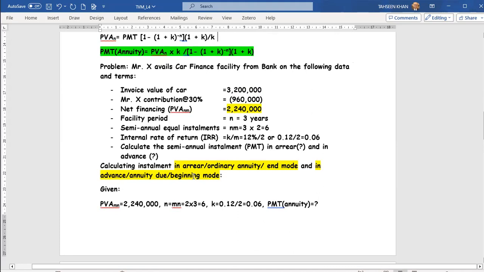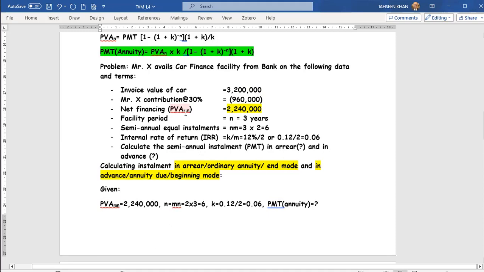First of all, the invoice value of the vehicle is equal to 3.2 million or 3,200,000. Mr. X contributes 30% of the invoice value. It comes to 9,60,000. The net financing comes to 22,40,000. So that net financing is considered as present value annuity.